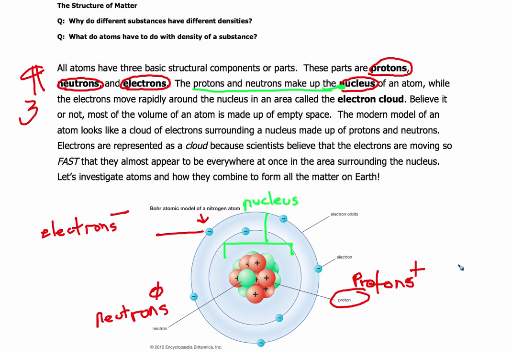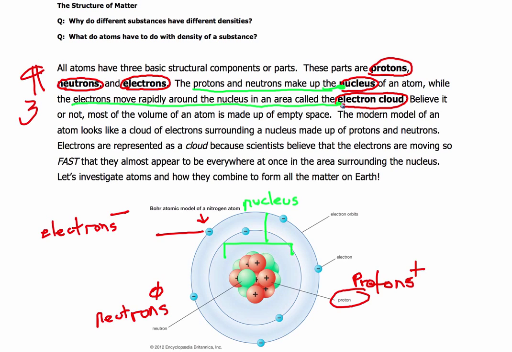Okay, and then the other keyword is electron cloud. And we'll circle that in red. And the electron cloud, of course, is this area around the nucleus that is made up of electrons. So we're going to circle here. Electrons move rapidly around the nucleus in an area called the electron cloud. And let's put a bullet right there.